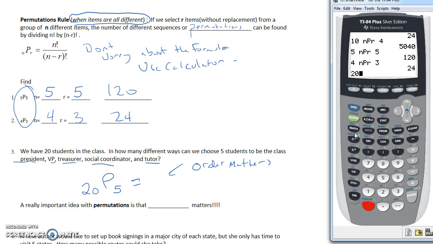So 20, select permutation, and then the number 5. 20P5 is, there are a lot of those, so it looks like there are 1,860,480.